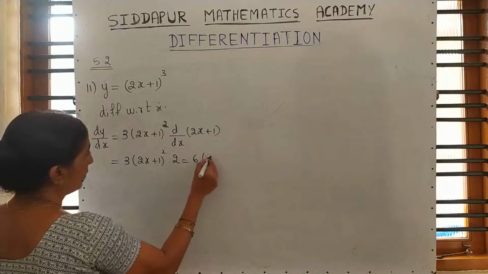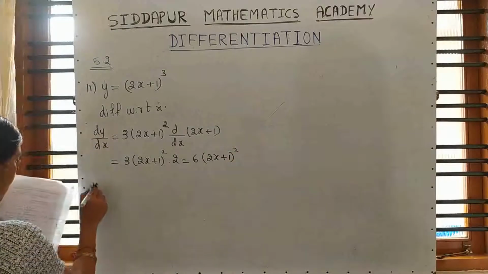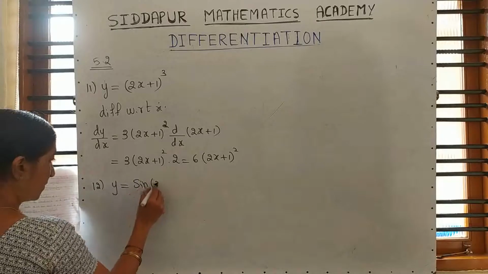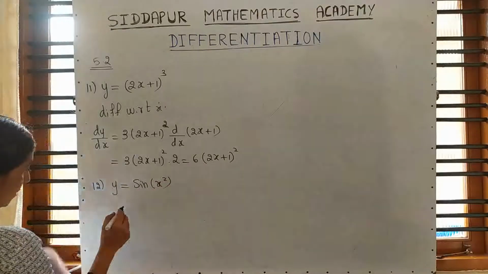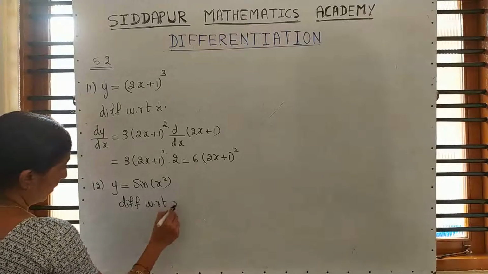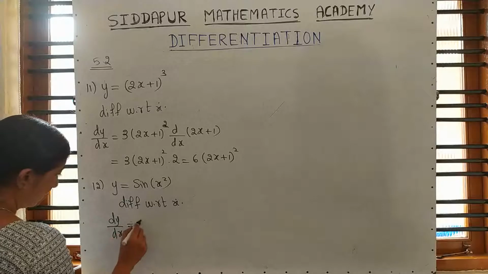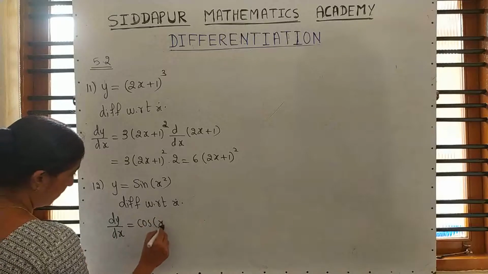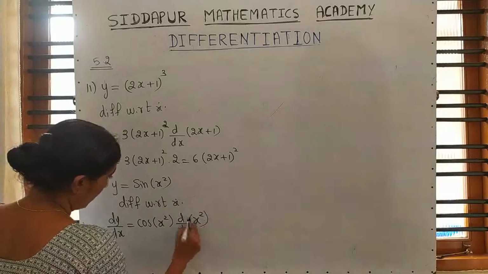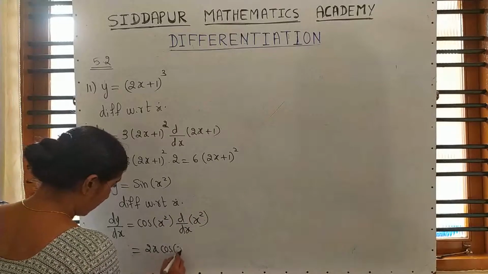Finally, 6 into, question number 12. Sin x square. First trigonometric term, because there is no power for trigonometric term, into differentiation of x square. Differentiation of x square is 2x. First only I wrote that.